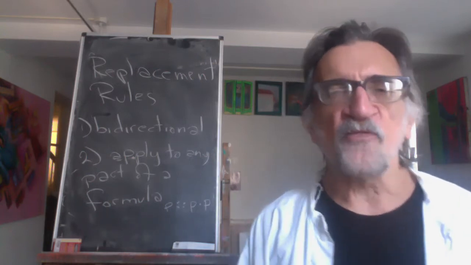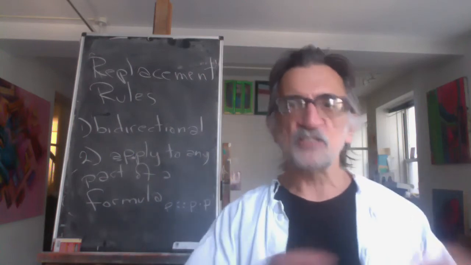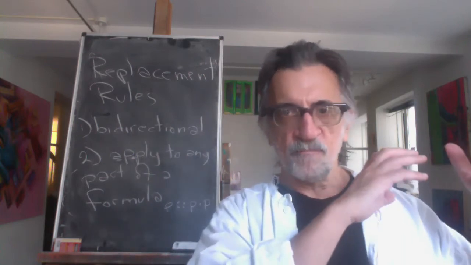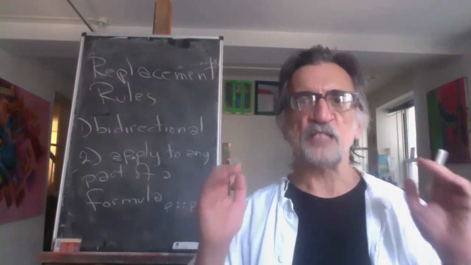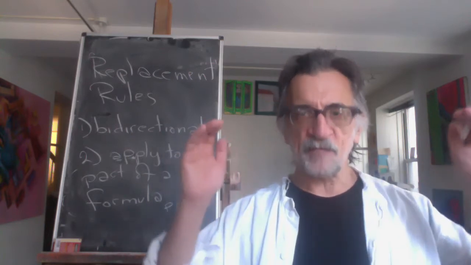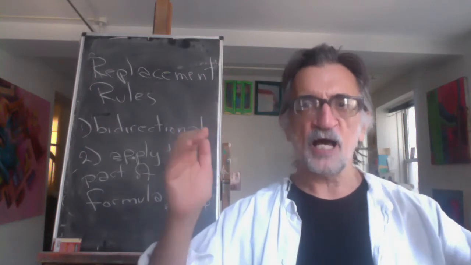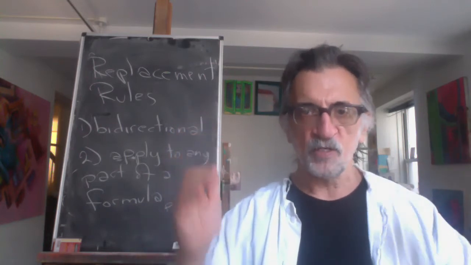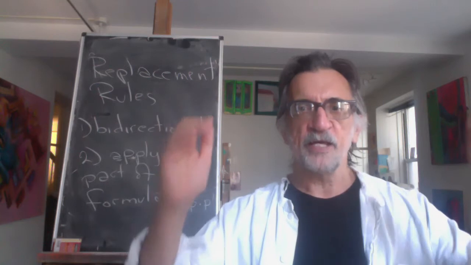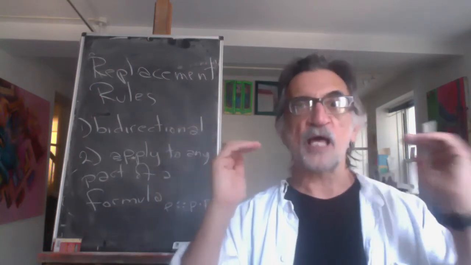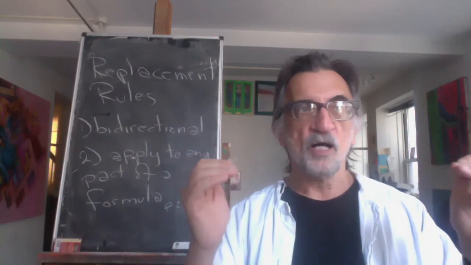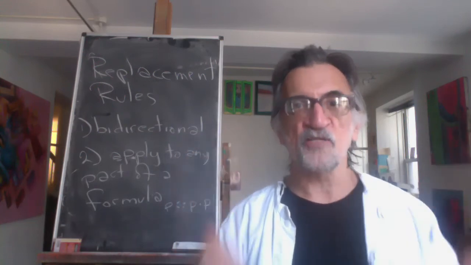The second difference between replacement rules and rules of inference brings us back to my original characterization of rules of inference. Rules of inference, as you recall, can only be applied to an entire line in a given proof. If the entire line is, let's say, a disjunction, then it's eligible to be used in a disjunctive syllogism.